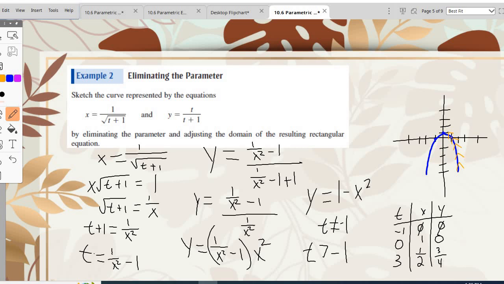So that means that we have to basically cut off the left side of our graph. So it ends up just being that right side. So you would only get half of your parabola for your parametric equation. Yes? Are we all okay with that?